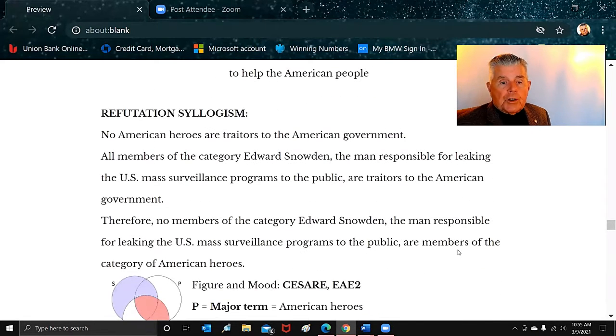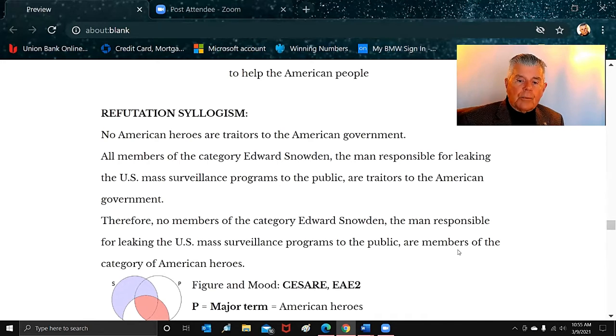Now, what does she do? She turns right around and she offers a valid refutation syllogism. No American heroes are traitors to the American government. Different major. All members of the category Edward Snowden, the man responsible for leaking U.S. mass surveillance programs to the public, are traitors to the American government.